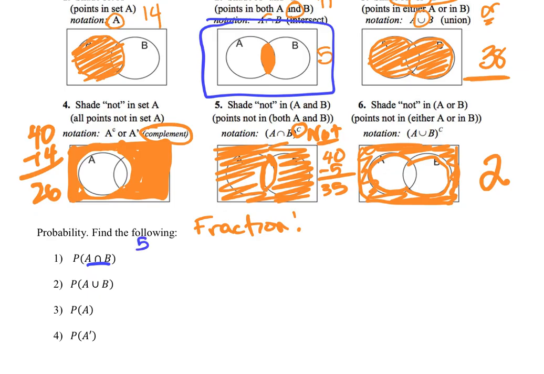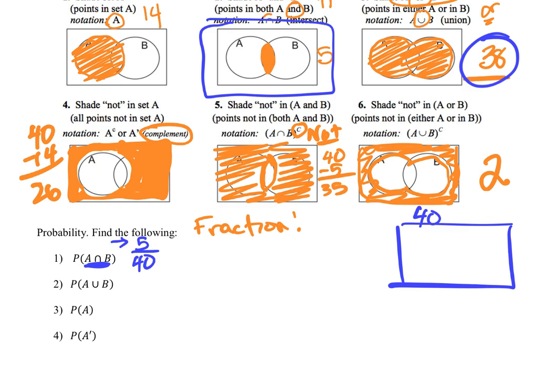So 5 is the top number. Whatever A and B is always goes on the top, and then the bottom number is just the total. And remember, the total in the box, the whole box at the top, was 40. A or B was this number 38, so this would just be 38 over 40. Probability of A happening was 14 over 40.